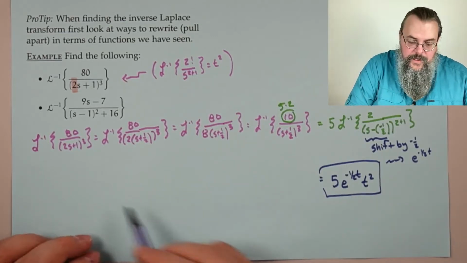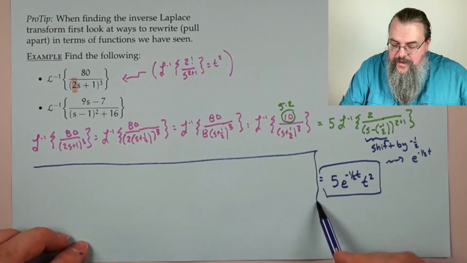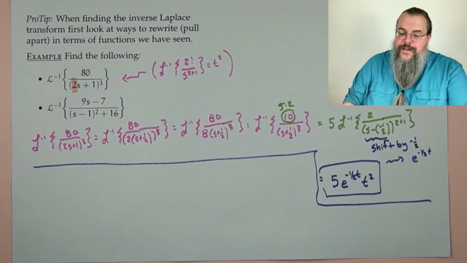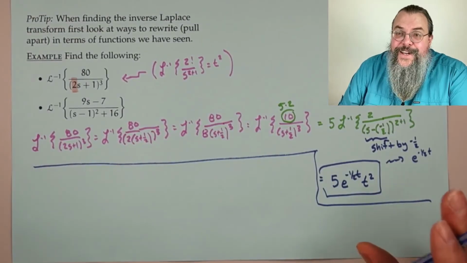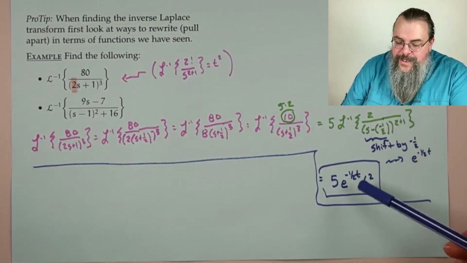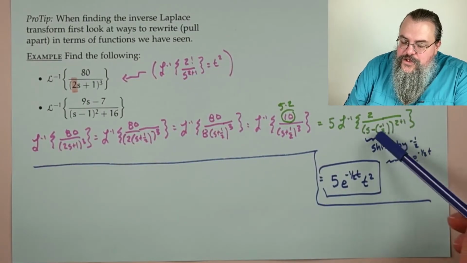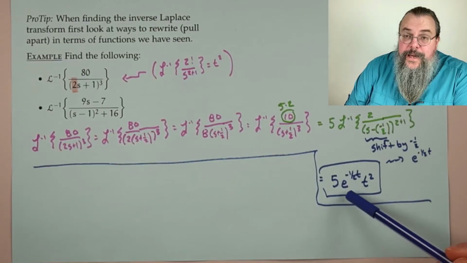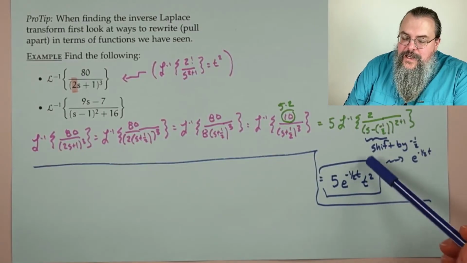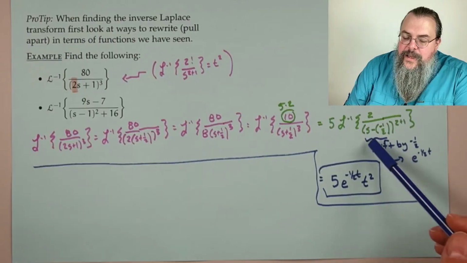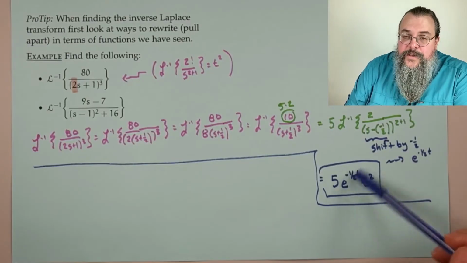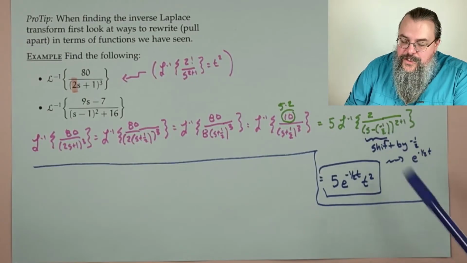Okay, so that's that one. Now, that takes a while to get used to, right? So I wanted to make sure we get what happened. Okay, the 5, no surprises. The shift by minus a half, that introduces an exponential function. And this idea of, after you account for that exponential function, ignore the shift.